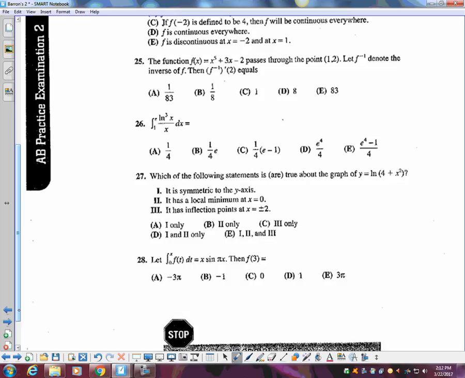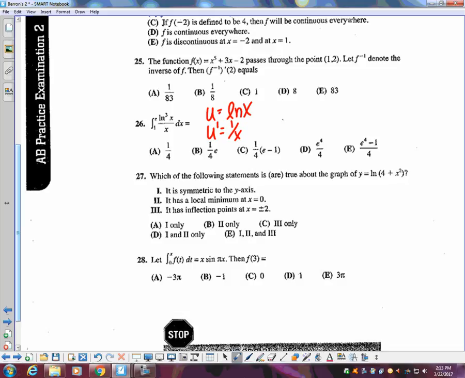Okay, so number 26. Again, going to u-substitution. I'm going to pick the thing that has the most meat on it. So I'm going to let u be ln of x, not with the cubed. I'm going to let it be u cubed. So my u prime, the derivative of ln of x, is 1 over x. You should remember doing these.